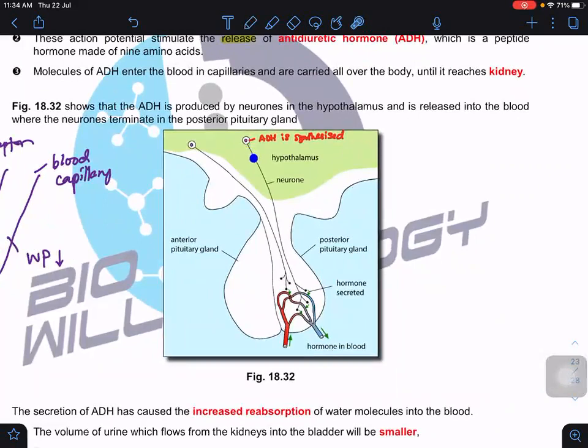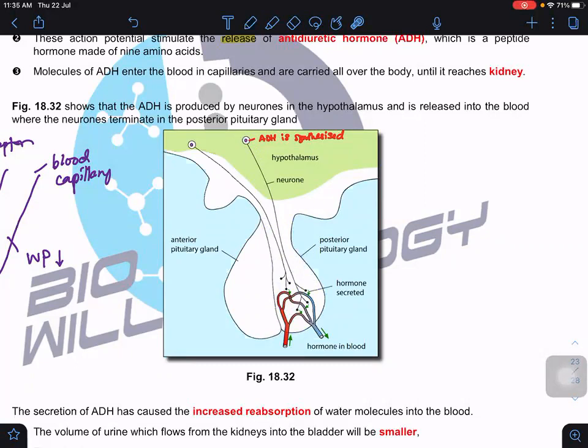Be careful. ADH is produced at the cell body, travels along these neurons and is stored at the terminals of the neurons, which are located at the posterior pituitary gland. Students always make the wrong statement here.